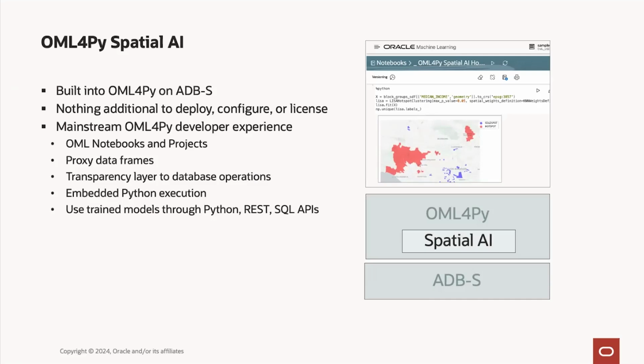This capability is built into OML4Py on ADBS, which means that it's not a separate download, install, configure, or license. You spin up Autonomous Database Serverless, Autonomous Database Serverless has OML4Py, and OML4Py has these spatial features built in. That's the beauty of it.